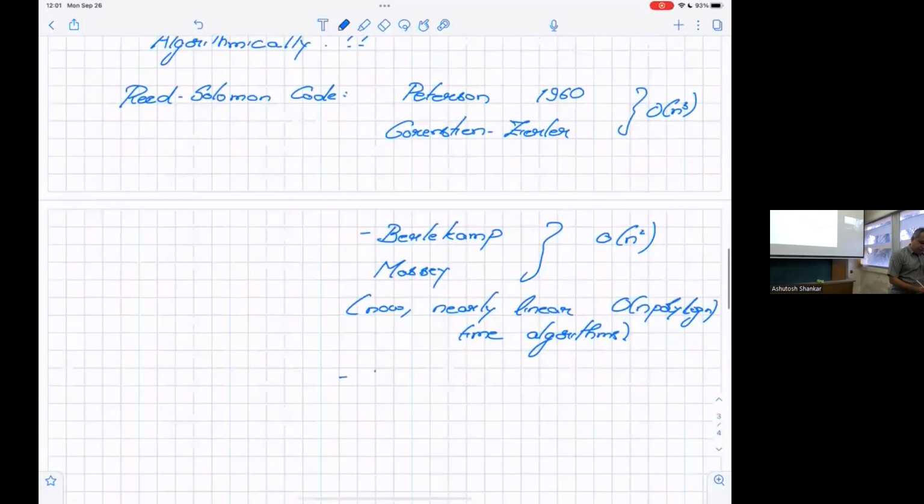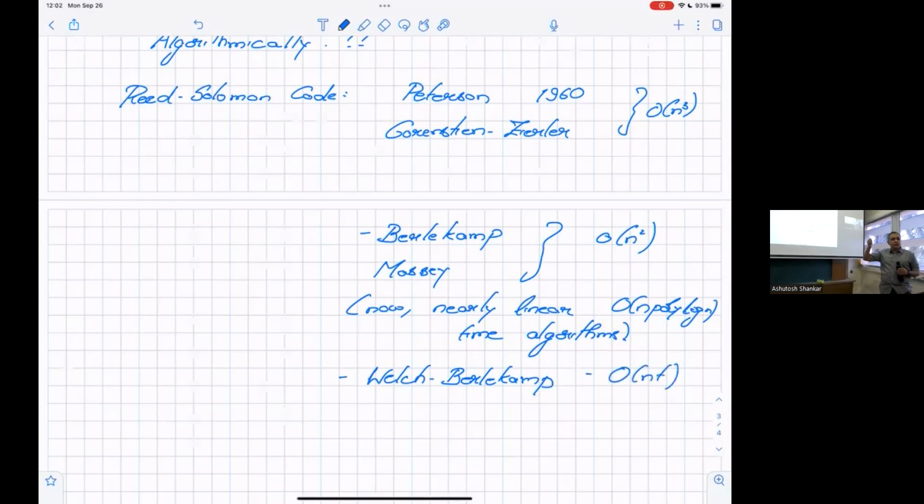Then Berlekamp himself, with Welch, actually, this was before the linear time was discovered, relooked at this problem and said you can actually come up with an algorithm whose running time depends on T, the number of errors. The smaller the number of errors, the faster they could run.